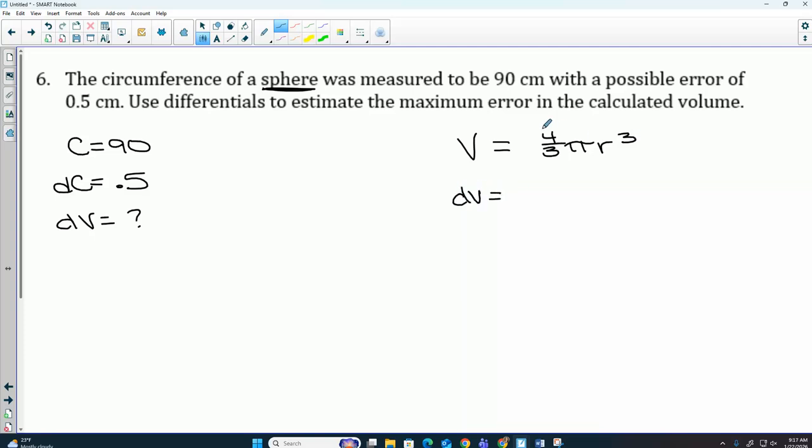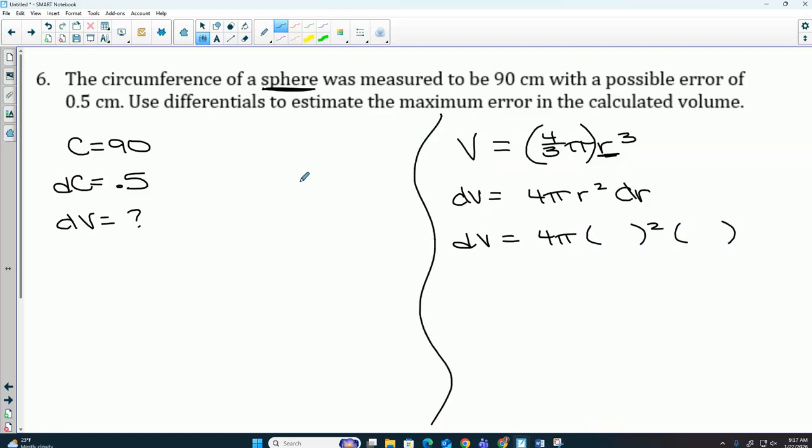Here, the 4/3 pi is just a coefficient, it just stays. The variable here is r, so the 3 comes down, times 4/3 is just 4 pi r squared, but I did the derivative of r, so it gets dr. Okay, so we're looking for dV, but I don't have r or dr. So how am I going to get my radius and my change in radius?